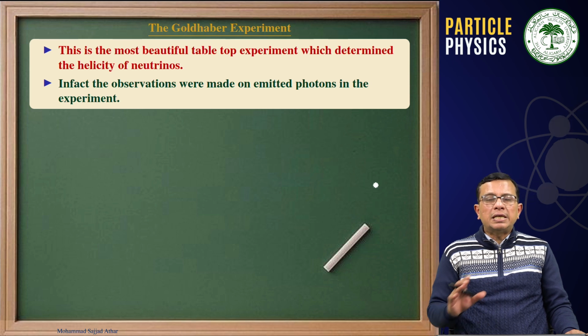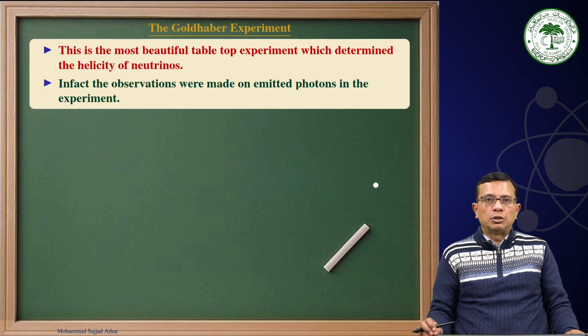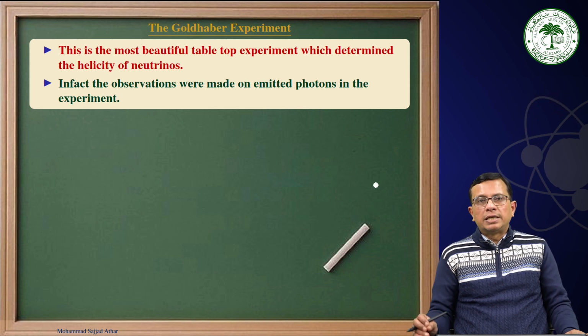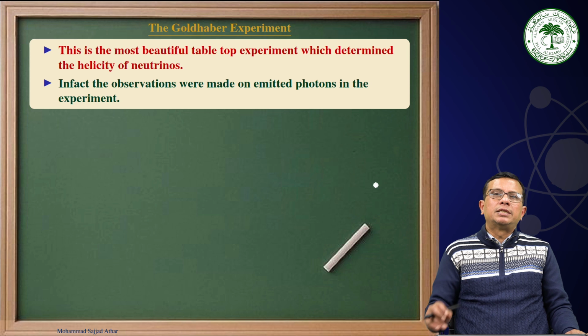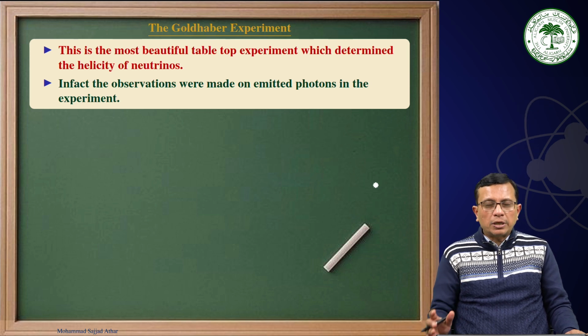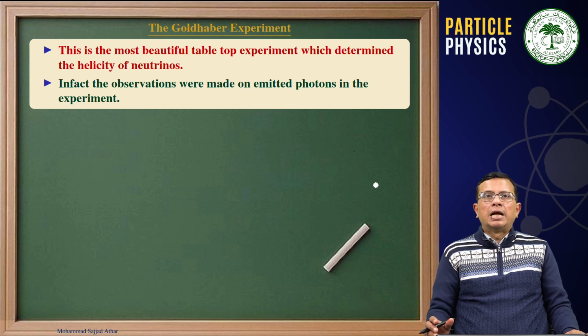What they observe is a final state. Here also, we are going to determine the helicity of the neutrino to be left-handed without observing the neutrino. What we will observe is the polarization of the photon, and the polarization of the photon will determine the helicity of the neutrino. Therefore, this is an important experiment from which we concluded that neutrinos are left-handed and anti-neutrinos are right-handed.